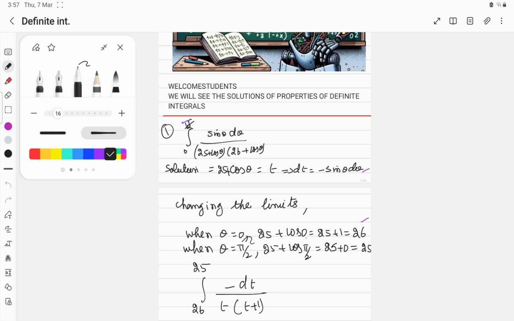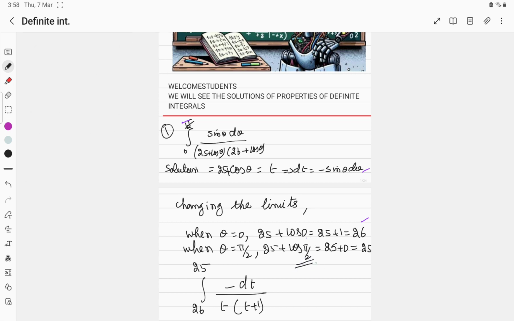When theta is equal to 0, then t becomes 25 plus cos 0, that is cos 0 is equal to 1, then it becomes 26. Similarly, when theta is equal to pi by 2, then 25 plus cos 90, that is cos 90 is equal to 0, we know that 25 plus 0 is equal to 25. Therefore, limit changes to 26 to 25.